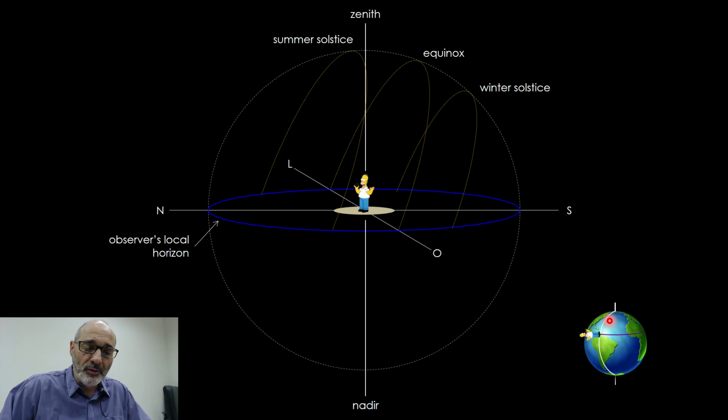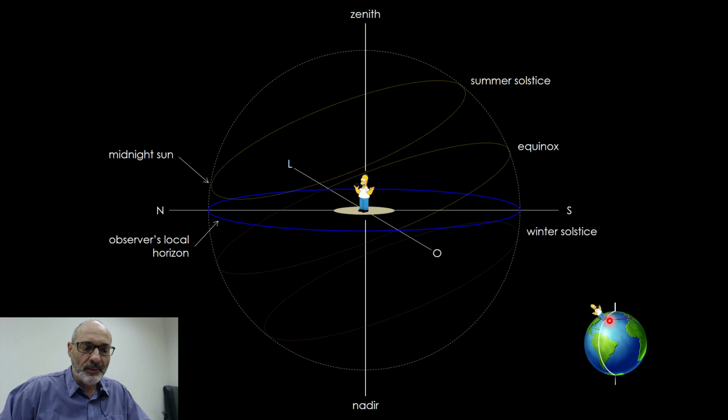If our observer continues to move north, something interesting happens. Above the Arctic Circle, during summer the sun doesn't set, so it stays in the sky for the whole day.